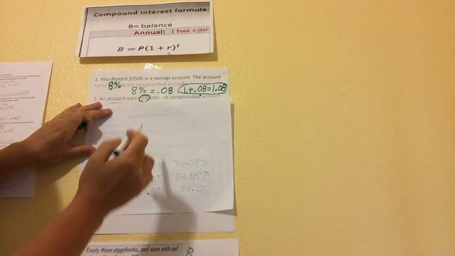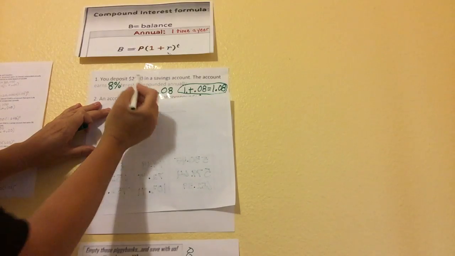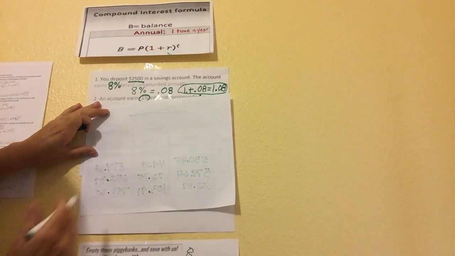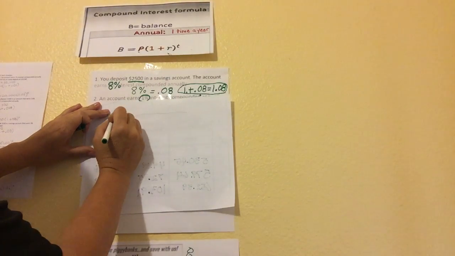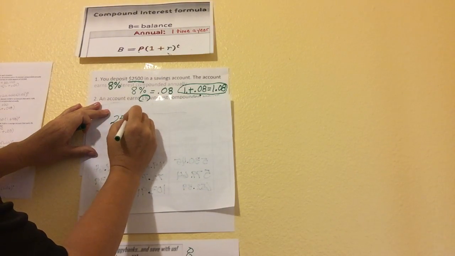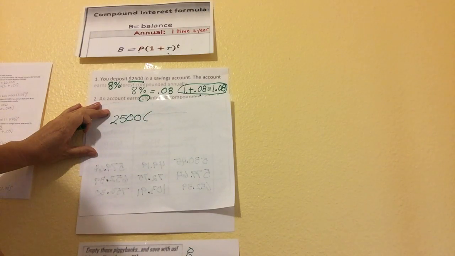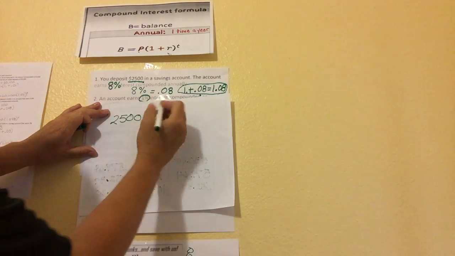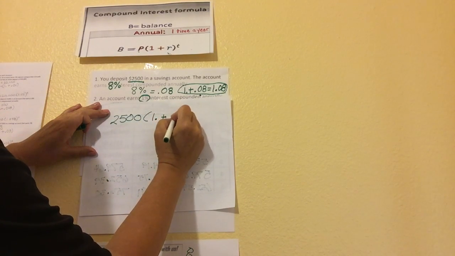So we know that you deposit $2,500, okay? So that is your P. So you put 2,500, parentheses, 1 plus 0.08, okay?